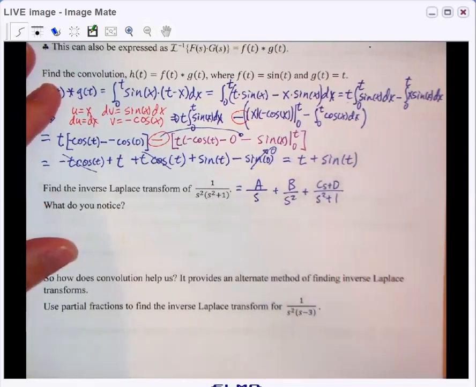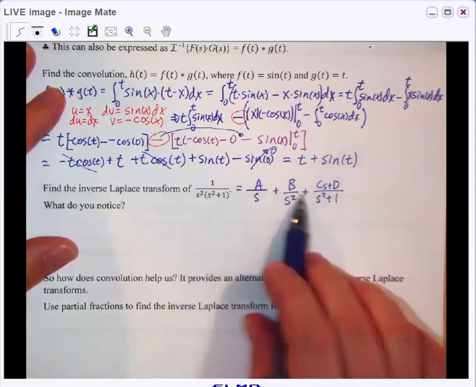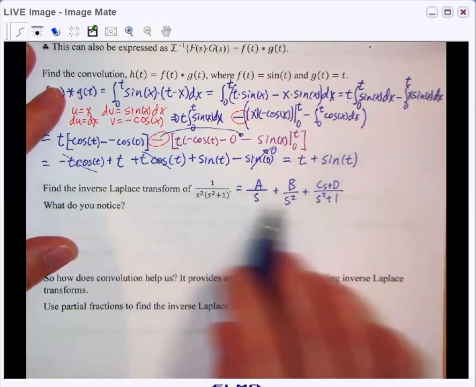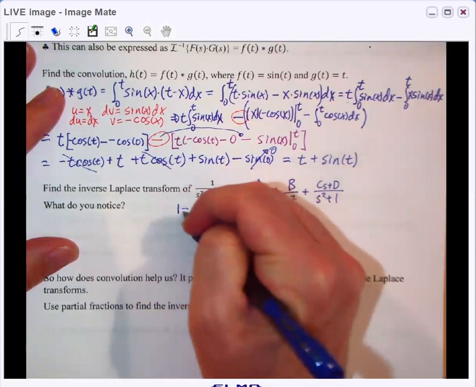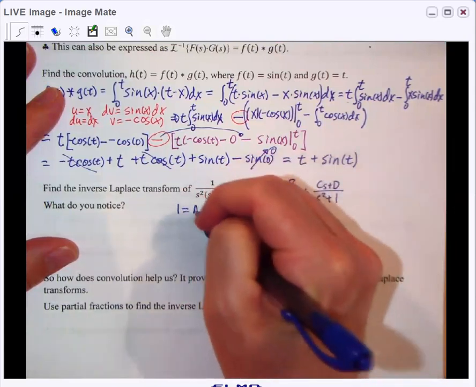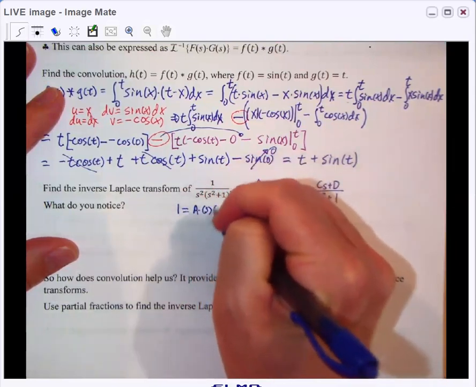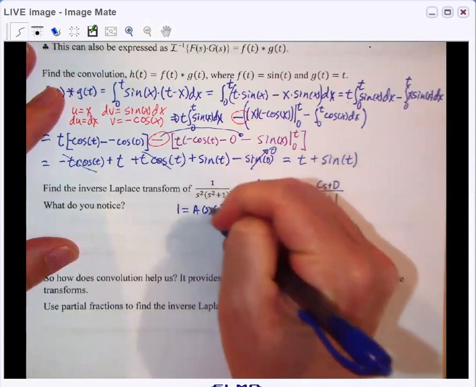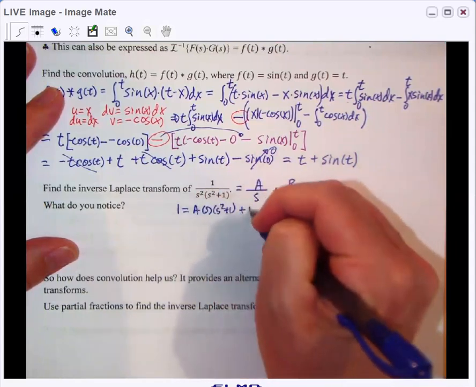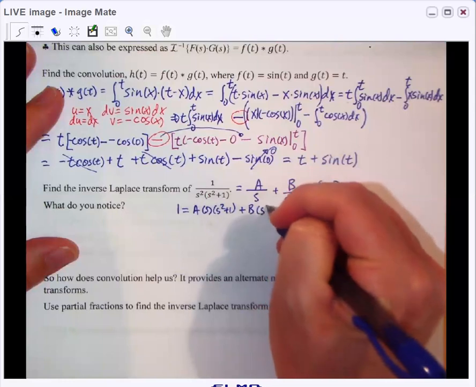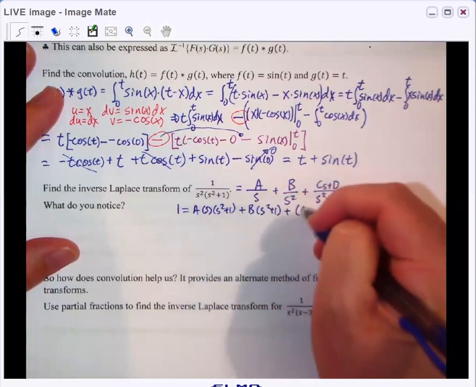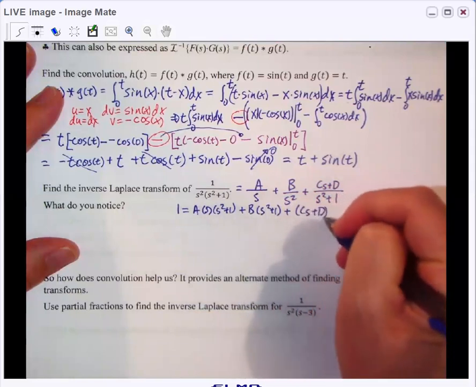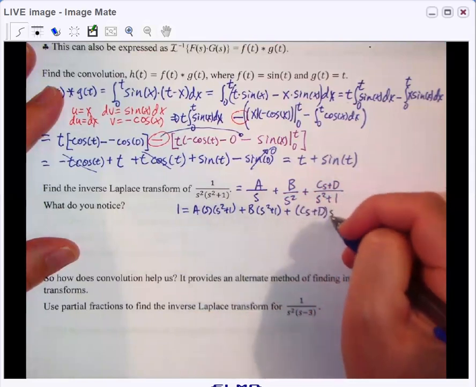Okay, so if we do our partial fractions work, getting a common denominator here, and then if the denominators are the same on an equation, then the numerators must be equal. So we would get 1 equals A times s squared plus 1, plus B times s squared plus 1, plus Cs plus D times s squared.